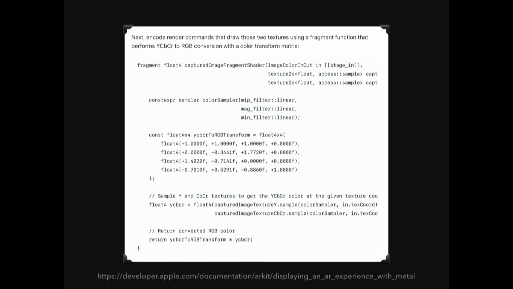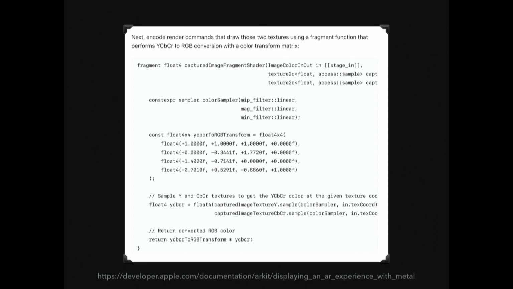And for whatever reason, Apple doesn't include the sample code to do this in Metal, but recently they included it in ARKit. So I have a link at the bottom, but all you have to do is copy and paste this code, and it's one matrix operation to get back to RGB. It isn't that difficult. It's not that intimidating. It's okay in this case to just copy and paste these magic values.